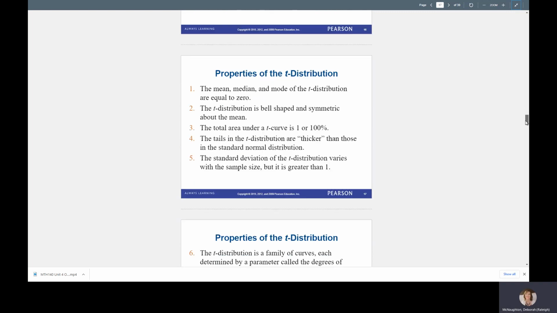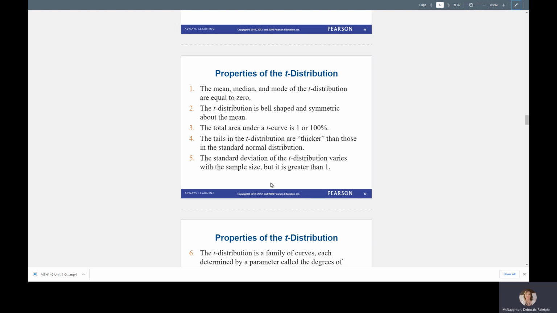So some properties of the T distribution: the mean, median, and mode of the T distribution are 0. The T distribution is bell-shaped and symmetric about its mean. The total area under the T curve is 1 or 100%. So far, this sounds exactly like a normal distribution.